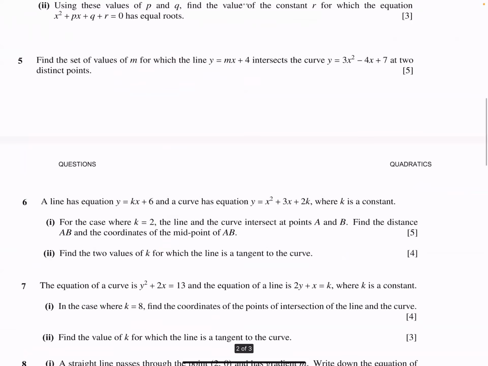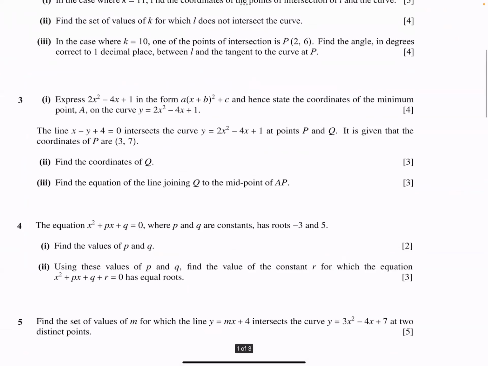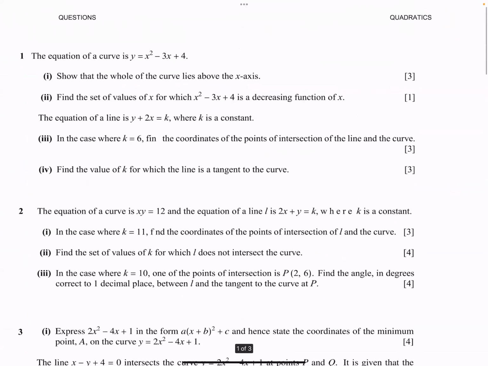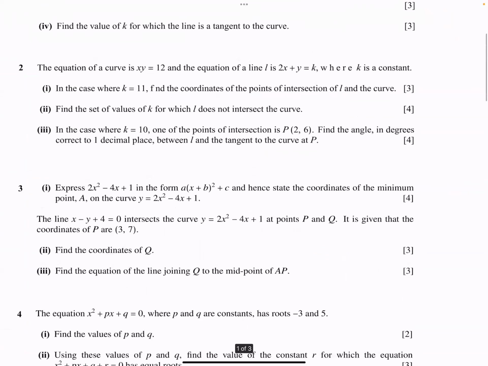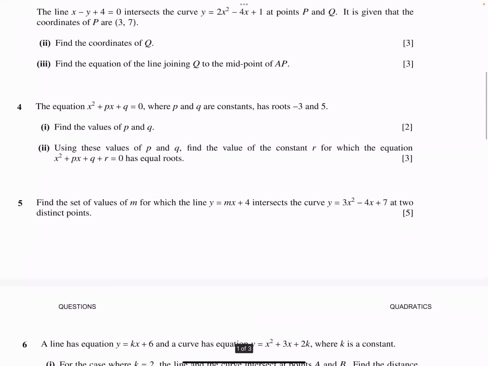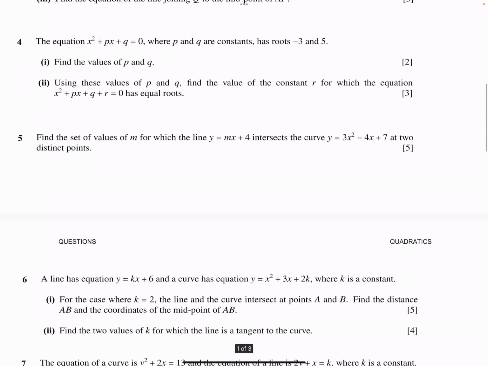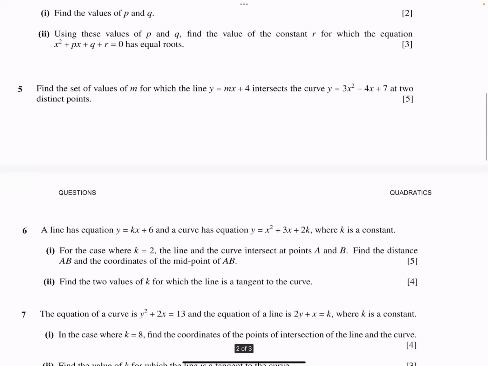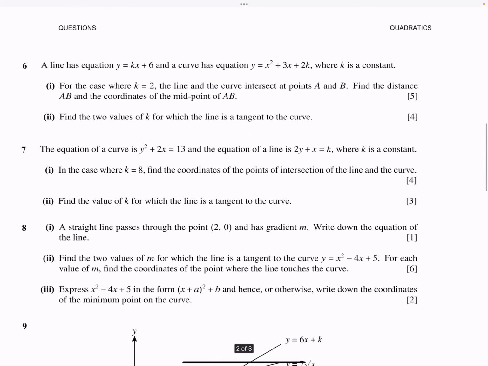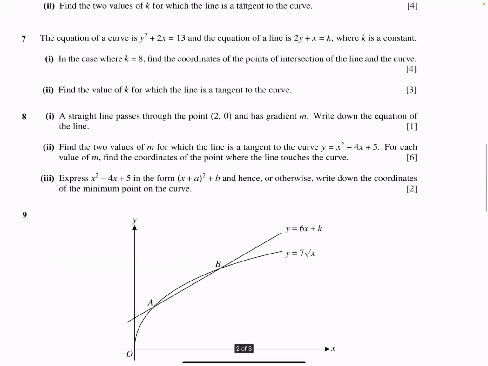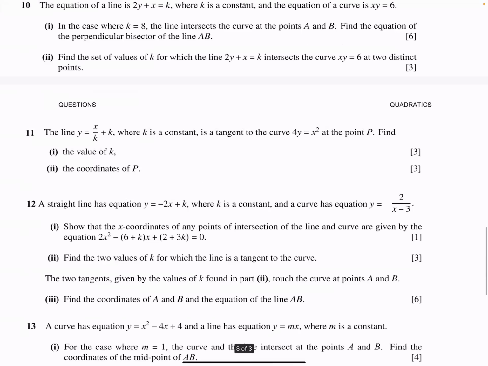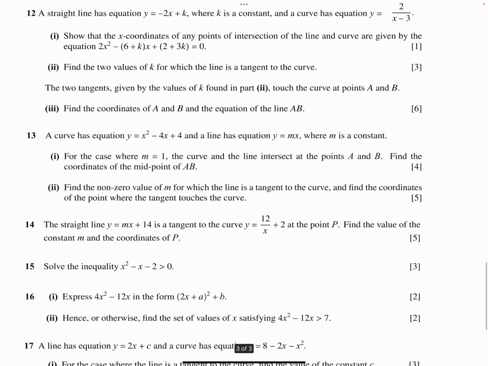Now, let me see if we could perhaps have a look at another one quickly, or maybe not because of the time. Okay, let me actually do this. Let me show you a couple of more questions.